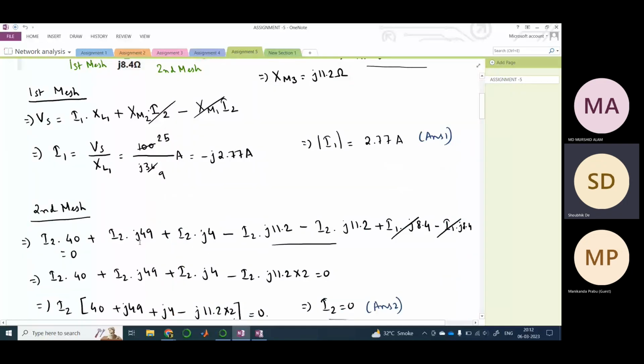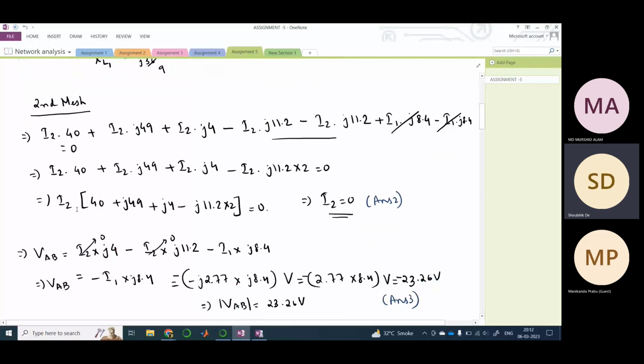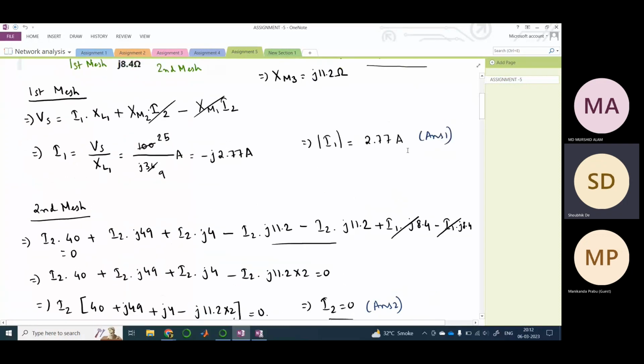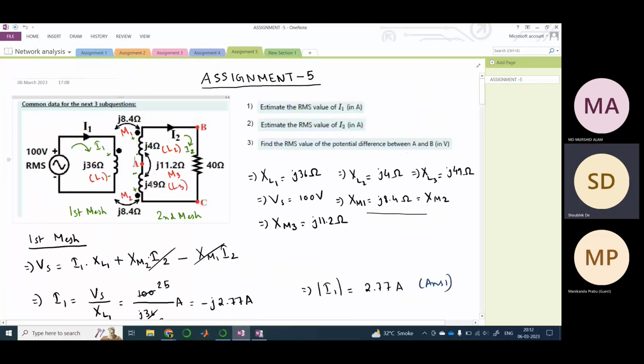Now if you try to solve this, it is pretty easy, though the equation is to some extent big. If you try to solve this, you will get something like this, and you can take I2 common. So here you see I1 and I1 will get cancelled. These two terms will get cancelled because L2 and L1 are coupled oppositely.